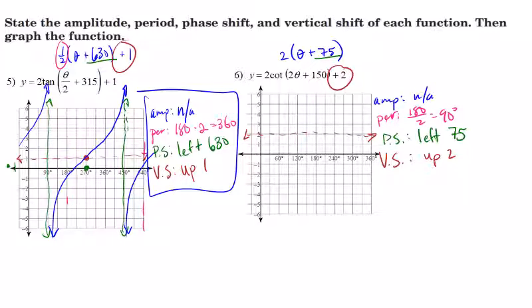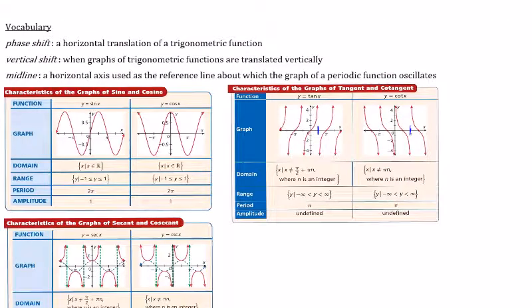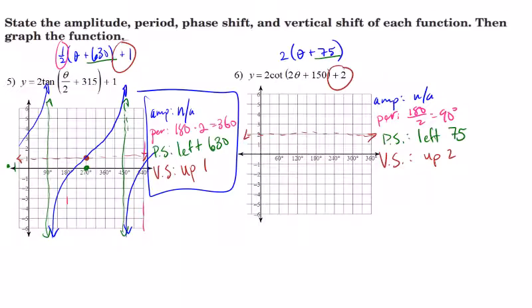So normally with cotangent, we have 180 is where we have our asymptotes, and at 0, of course, as well. So let's see.